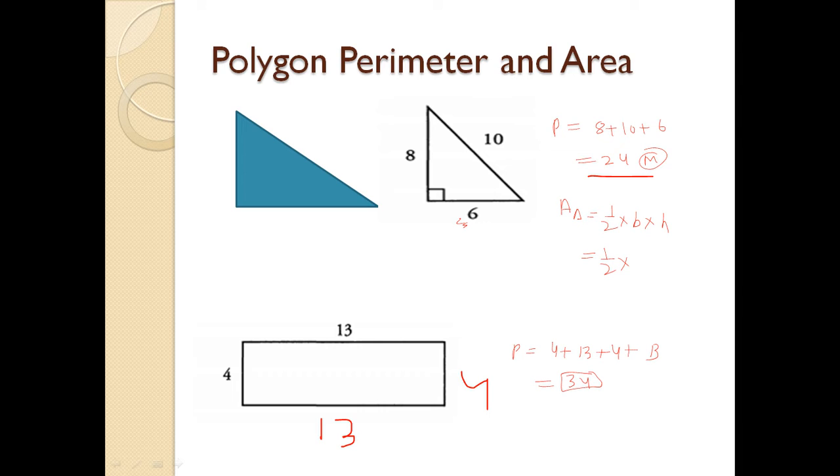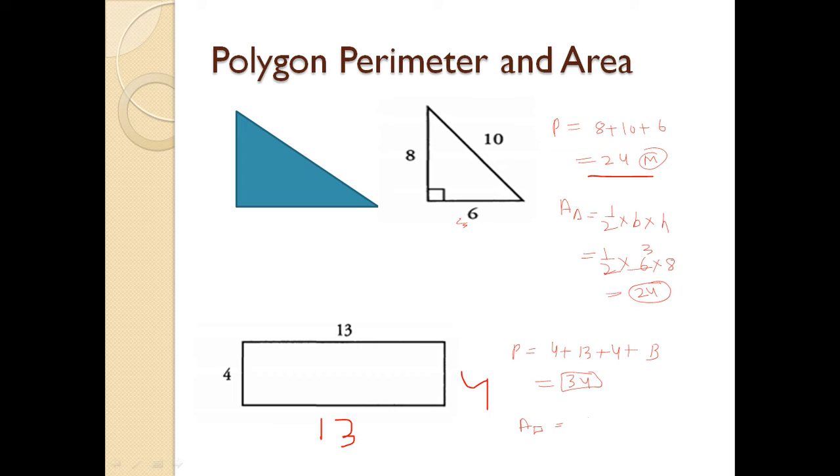So base is 6 and height is 8. So 2 into 3 is 6, and the area will come to 24.